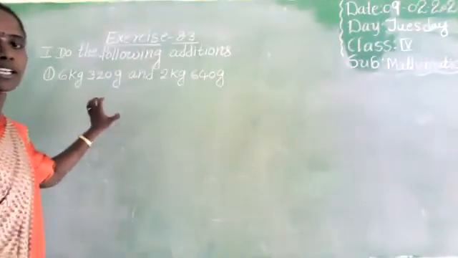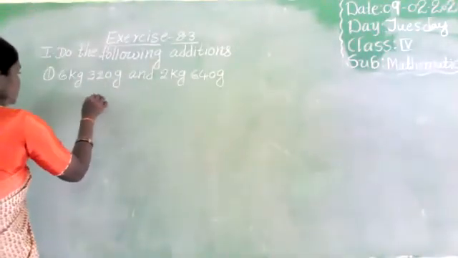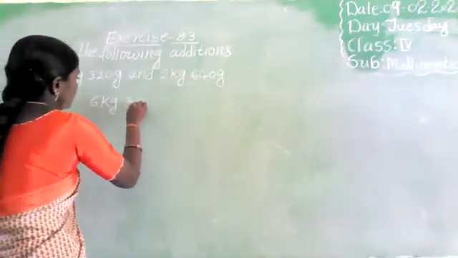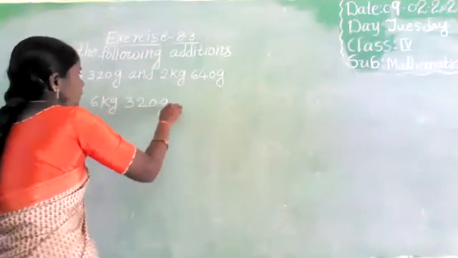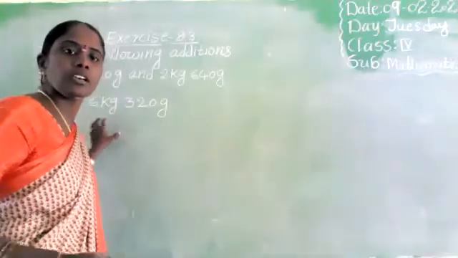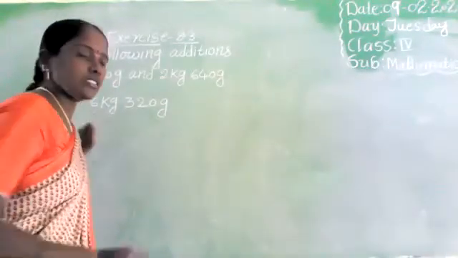Kilograms and grams. First 6 kg 320 grams. First write. Next, here how many kgs are given? 2 kgs. So kgs place wise we have to write 2 kgs.